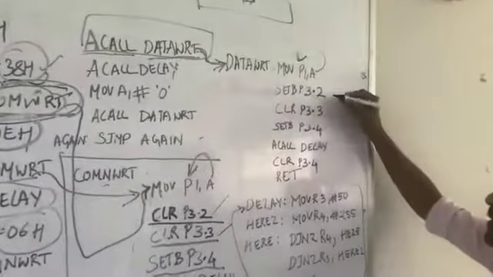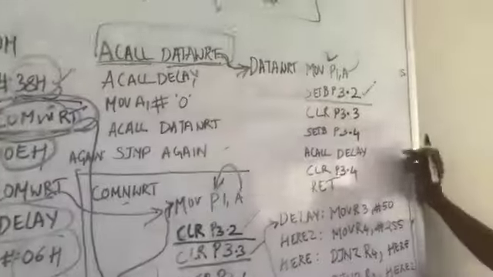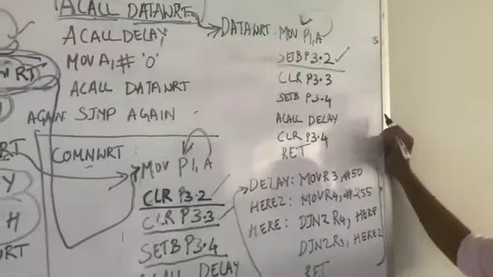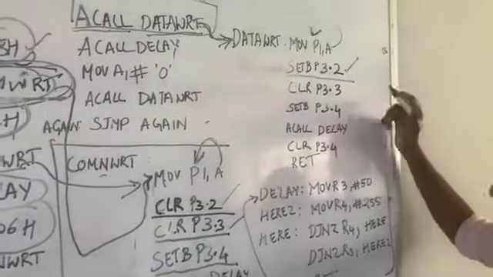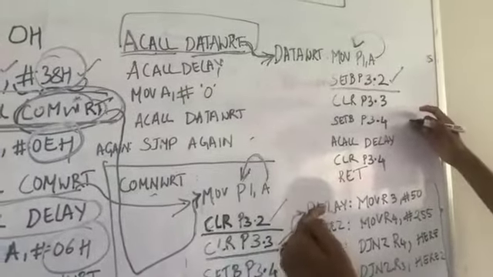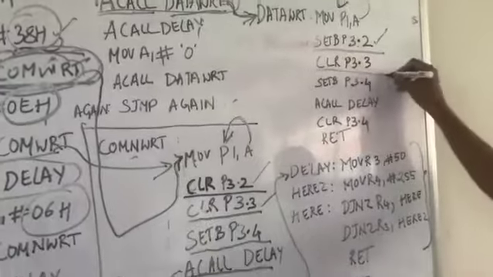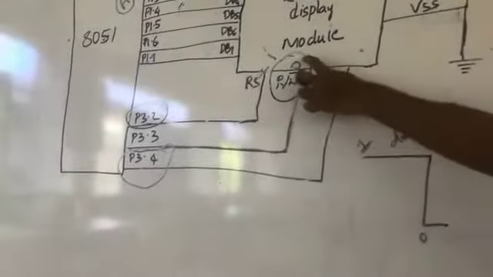So come here, you can see P3.2 which is connected to RS is set. So we are making that particular signal go high, and from there again, are we writing the data from port 1 into the LCD? Yes, we are writing the data. Therefore, we need to set the write signal enabled. W bar we need to enable.